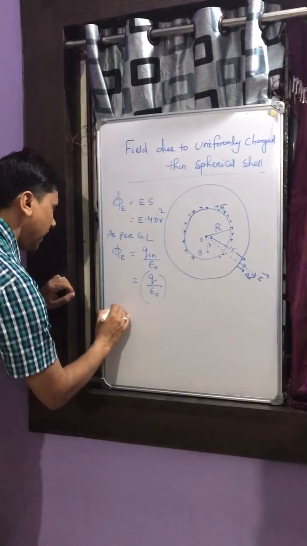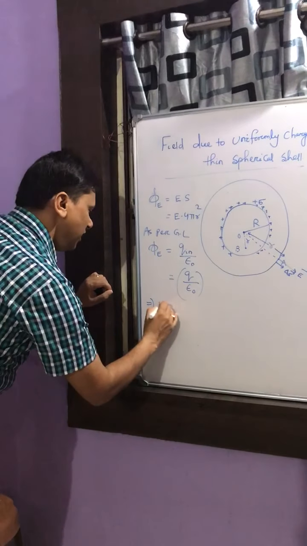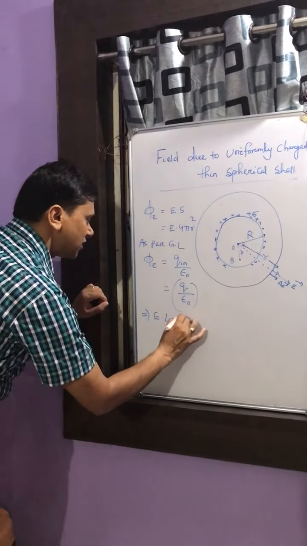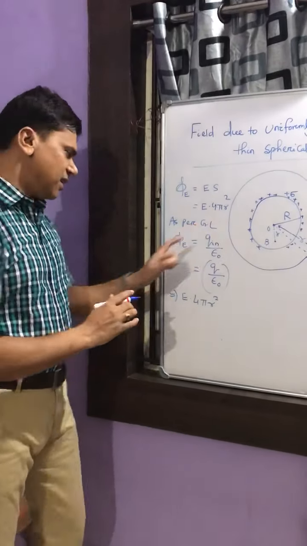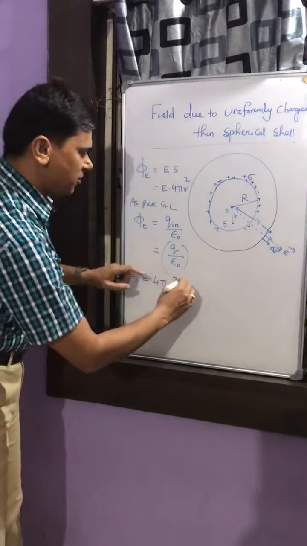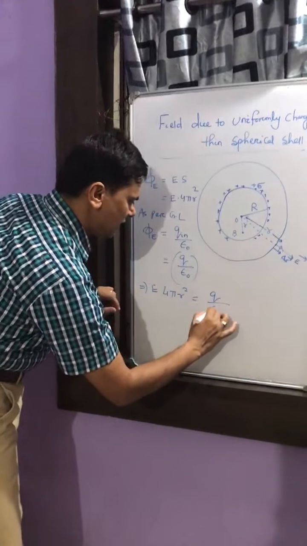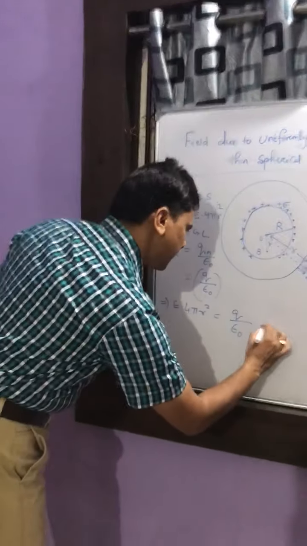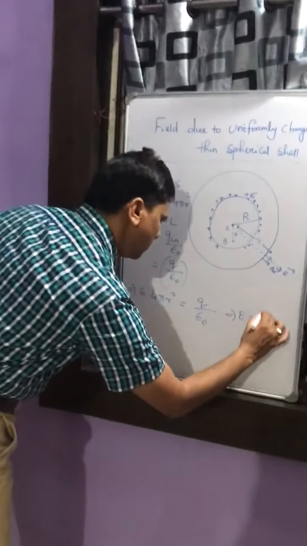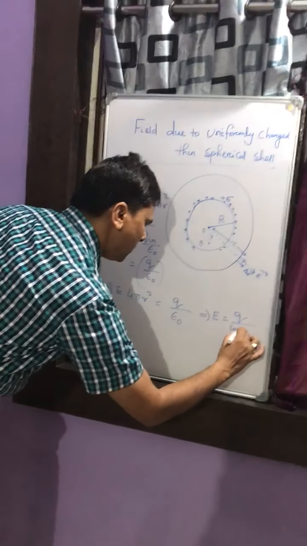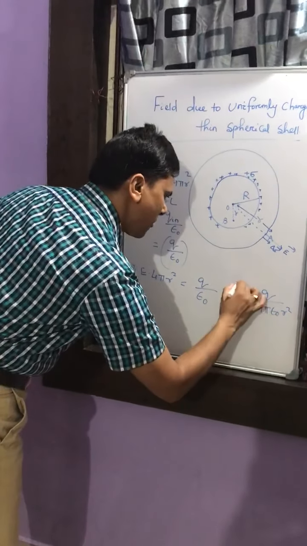And this phi E is E into 4 pi small r square, as I have already written here. So E into 4 pi small r square will be q by epsilon 0, and in the next step we get E equal to q by 4 pi epsilon 0 r square.